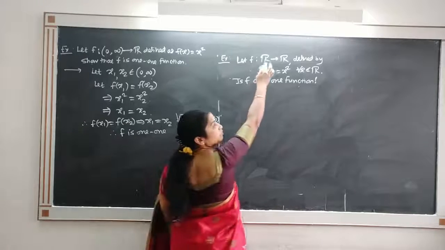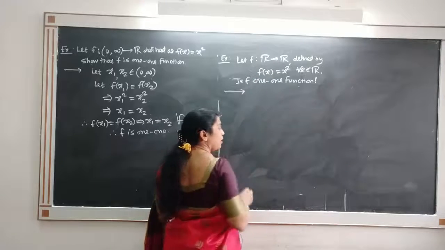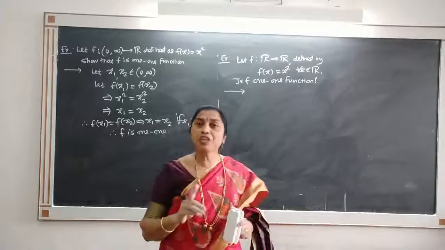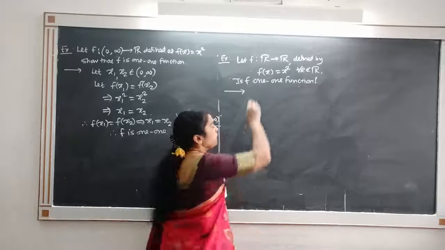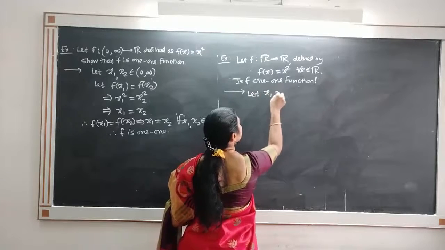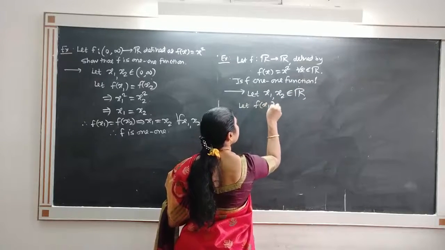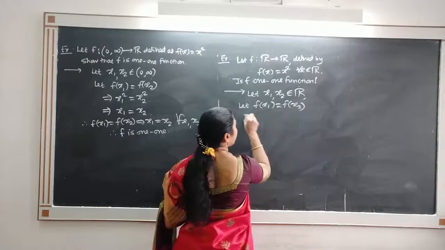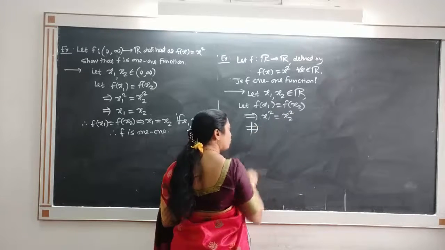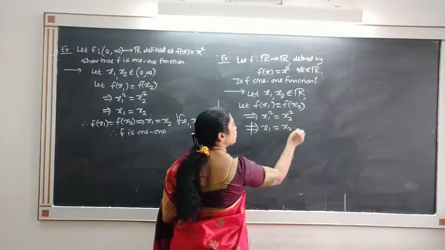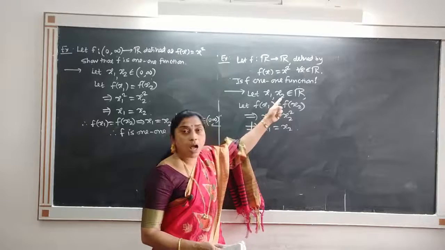Now in this case, the numbers come from the domain R, that is the real numbers, and we know that the square of a negative number is again positive. So what will happen? If you start with x1 and x2 from the domain R, and assume that f of x1 is equal to f of x2, that is x1 square is equal to x2 square, this does not surely imply that x1 is equal to x2. Why? Because now the elements come from the real numbers.